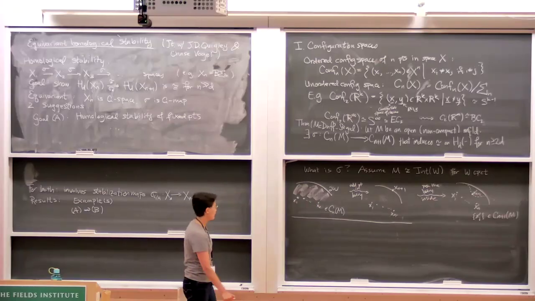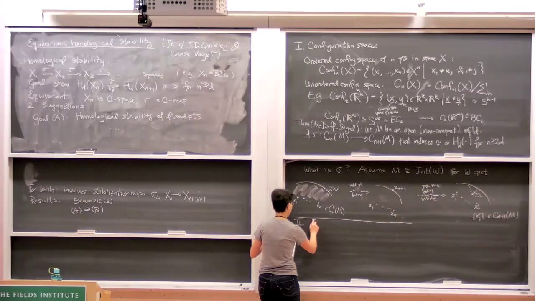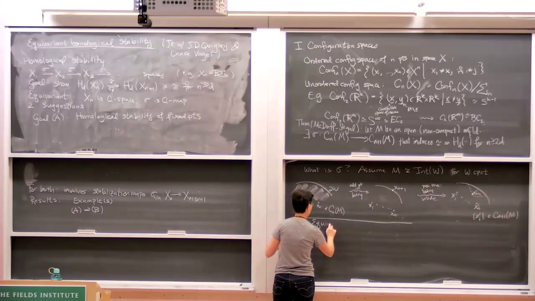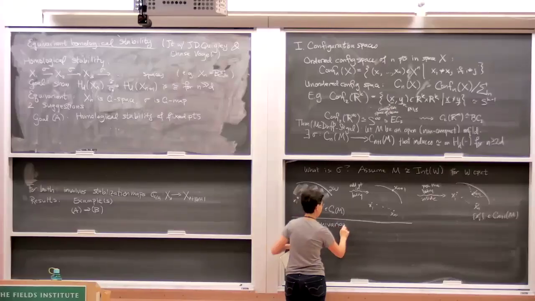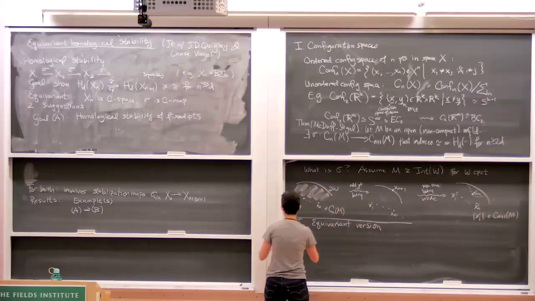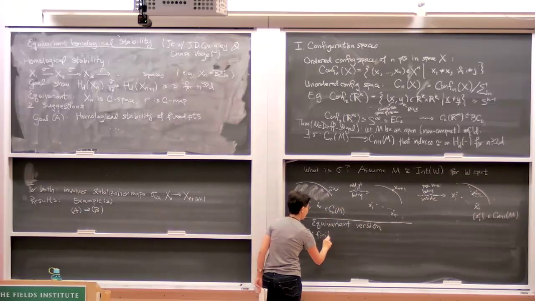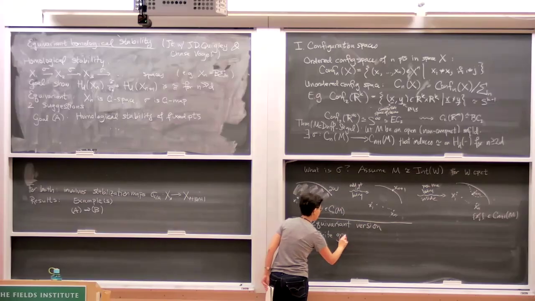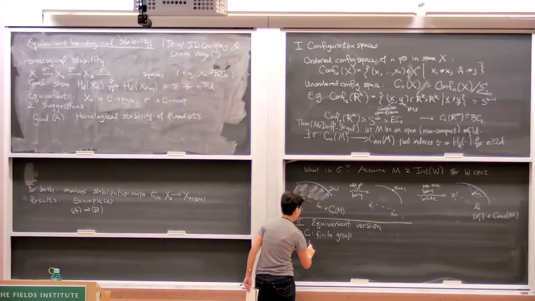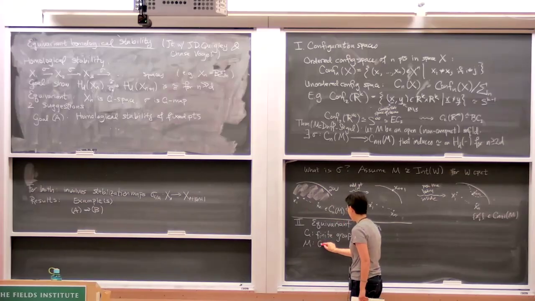So now is time for the equivariant version. Here we're going to have G as a finite group, and M is a smooth G manifold.